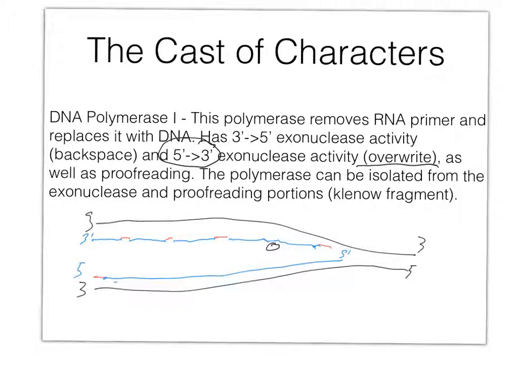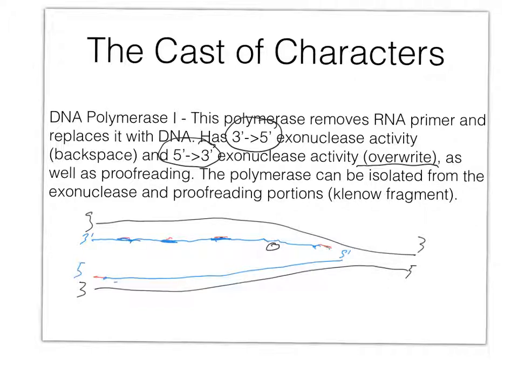It also has a 3' to 5' exonuclease activity because it still makes mistakes. So it still has that backspace. But what it's going to do is pull up the RNA base in front of it, clip that off, lay down a DNA base. Pull up the next RNA base, clip that off, lay down a DNA base. And it does that replacing the RNA primers with DNA.